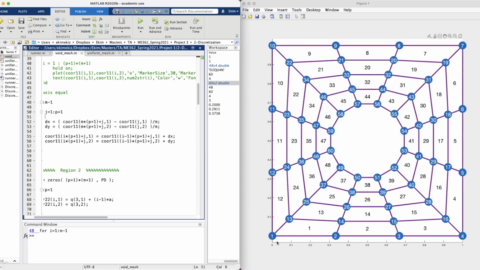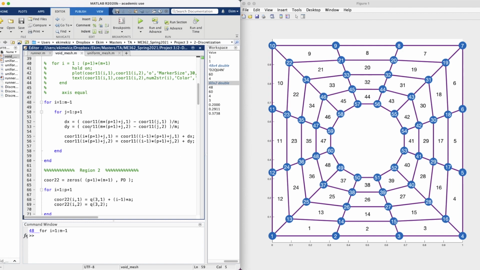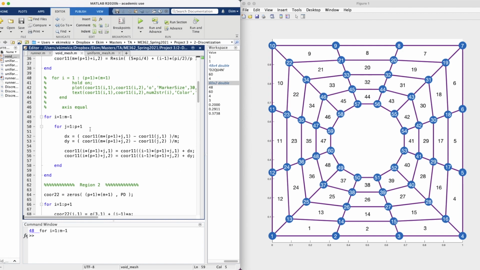So for every row, we have different dx's, the increment on the x between the nodes. And then for every column, we have different increments along y. So we need to calculate those for every row, for every node. So this code just does that.